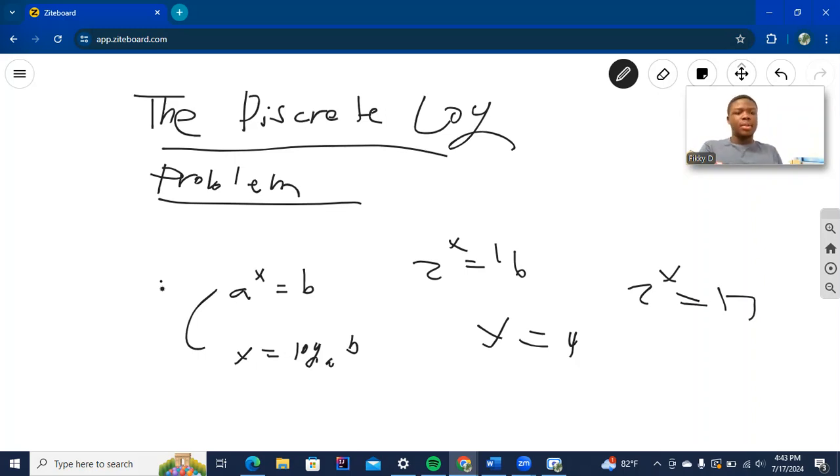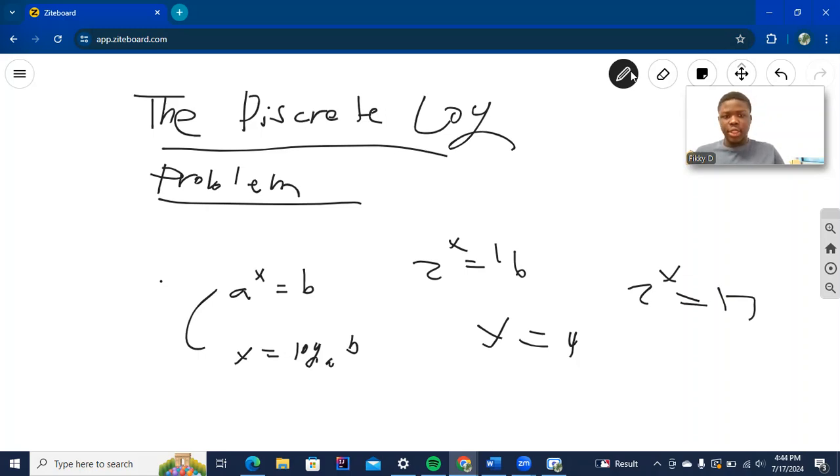But yeah, to understand why the discrete log problem is difficult, I first wanted to talk about why finding logarithms is easy. Well, it's the idea that we can use the Taylor series on them. Basically, logarithms are continuous, right?